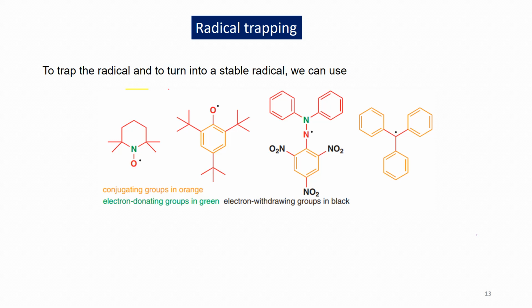Next is radical trapping. To trap a radical and turn it into a stable radical so that we can detect it by EPR spectroscopy, we usually use this type of stable radical. Why is this stable?